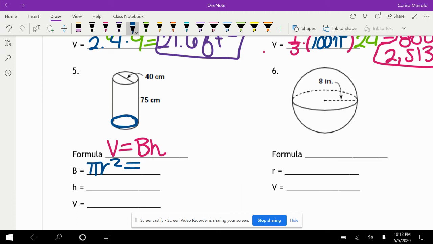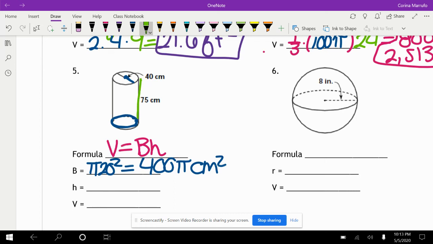Now, if we look here, our radius is not 40. It is half of that because they give us a diameter. So you have to take half of the 40, which gives us 20 squared. If I do this in my calculator, I'm going to leave it in terms of pi. This would give me 400 pi, and then our units are centimeters squared.